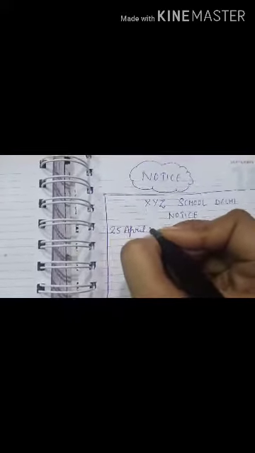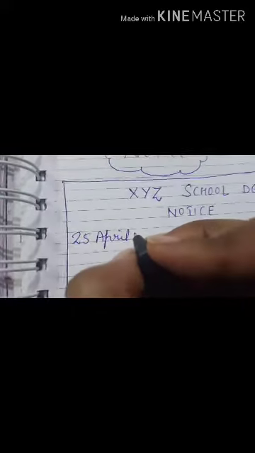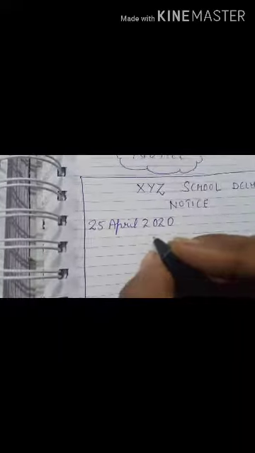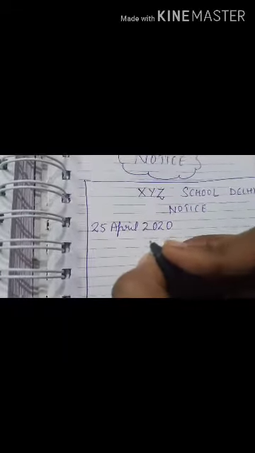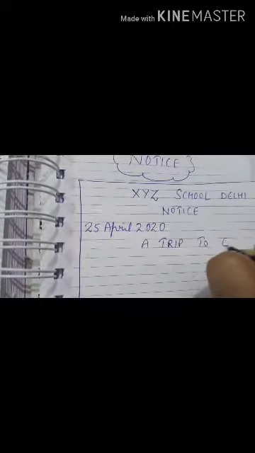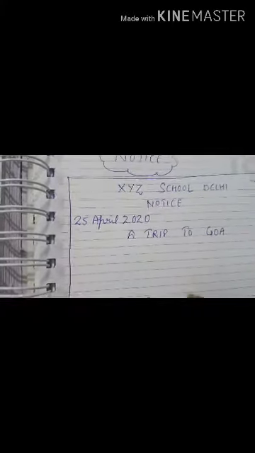Then over here on the left side, you will write the date when the notice is drafted. Then you will write the date like this. Then here you will write the heading, that is, I'm taking a trip to Goa. Means about an event.